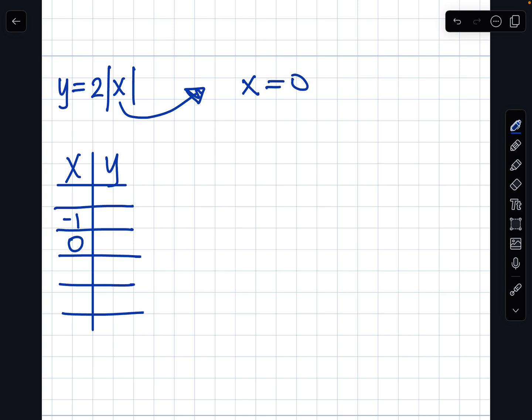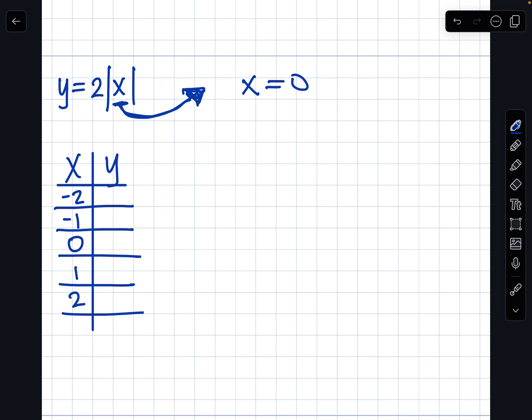So -1 and 1, and then what numbers are next to those? -2 and 2. Okay, so the reason is that if you just choose like 0, 1, 2, 3, and 4, I'll show you this when we start graphing, but it's only going to give you one side of your graph and it won't look like how absolute value is supposed to look. So that's why we always have to start with what's in the middle, we set it equal to 0, and then we go from there, okay?